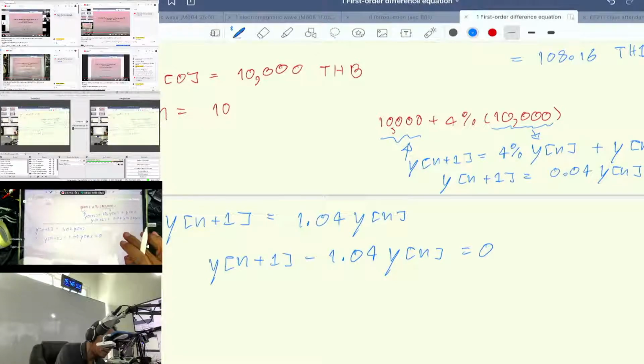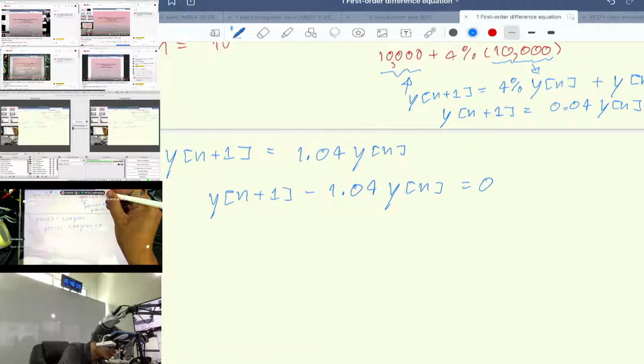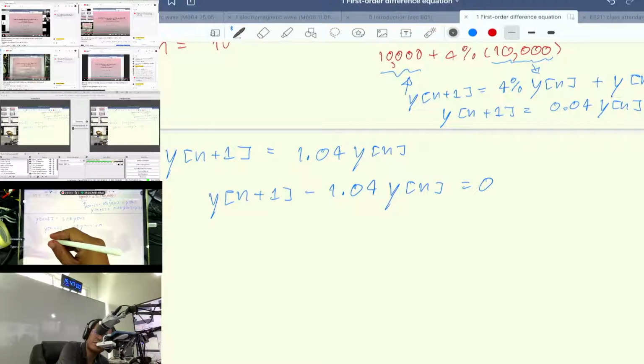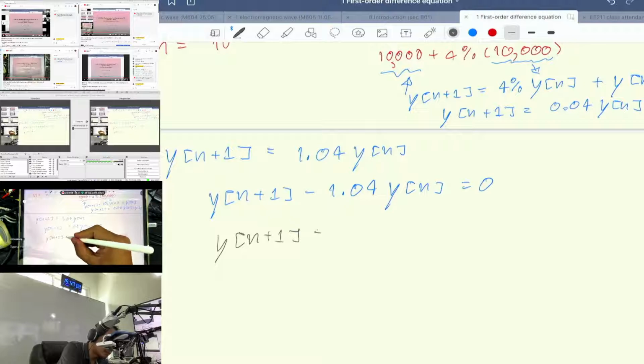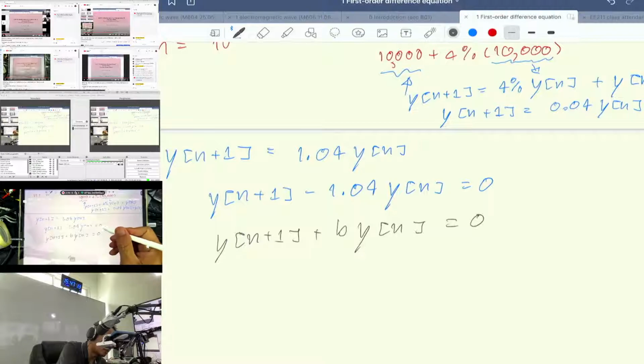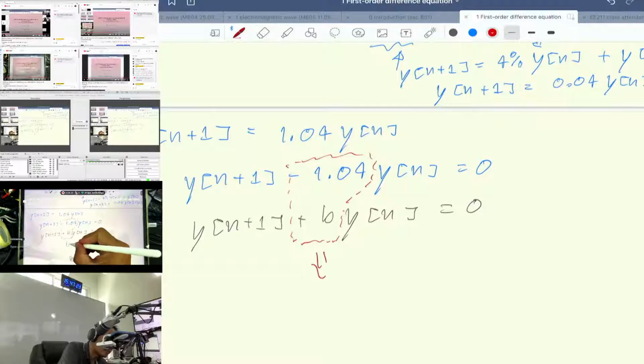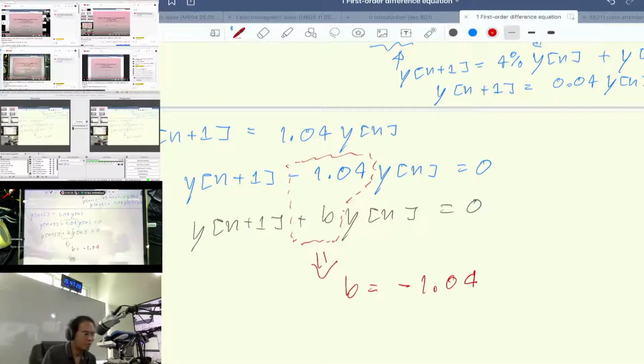And if you compare this equation to the standard one, the standard non-homogeneous first order difference equation, which is expressed as here, yn plus 1 plus b yn equal to 0, if you compare this, you can see that b is negative 1.04, right?